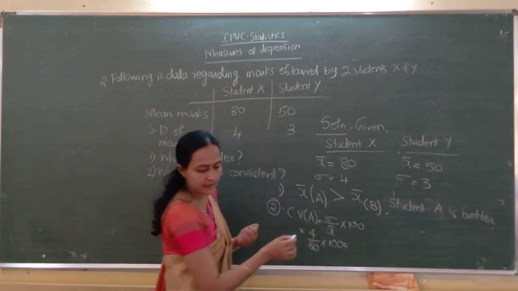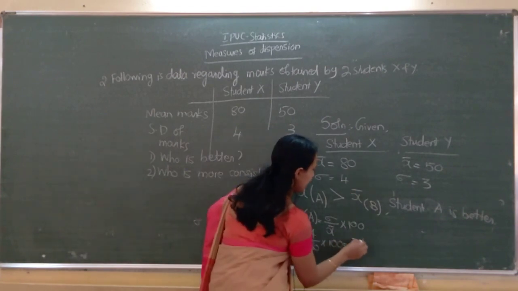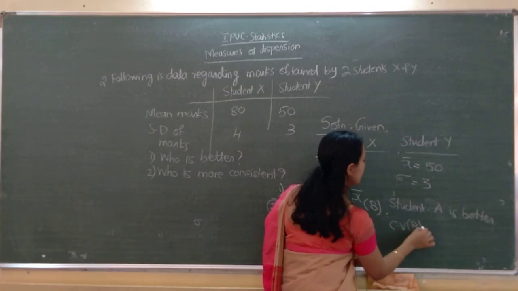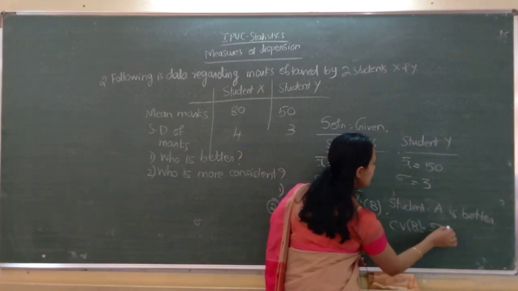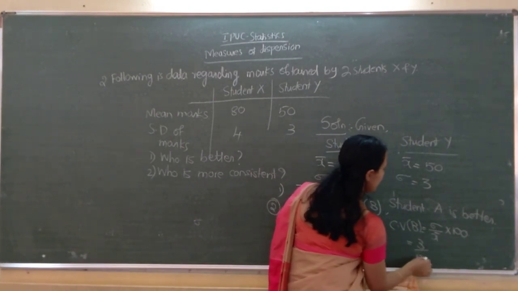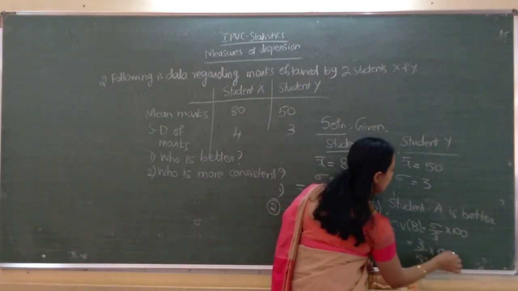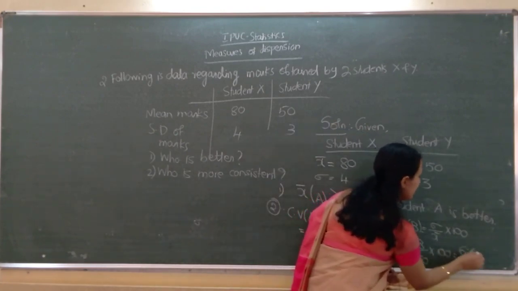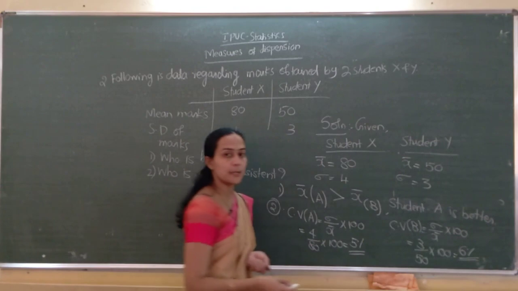Answer is 5%. CV of student B is sigma divided by X bar into 100, which is 3 divided by 50 into 100. It is 6%.